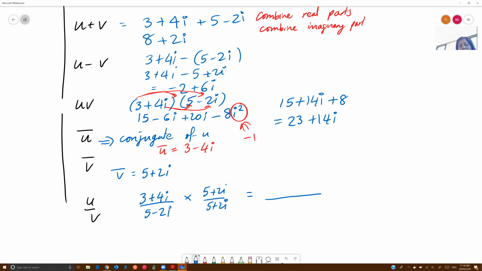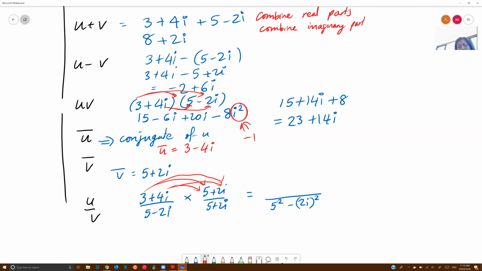Down below, I'll do the denominator first. We have a situation of a minus b times a plus b, so that's going to be a difference of squares: 5 squared minus 2i squared. And the numerator, I'll just do what we did with the multiplication earlier. 3 times 5, then 3 times 2i, then 4i times 5, and then 4i times 2i.